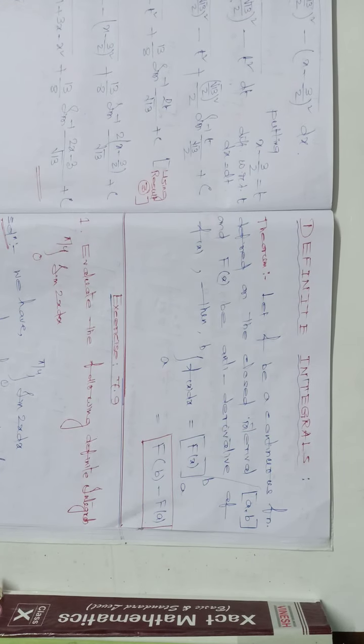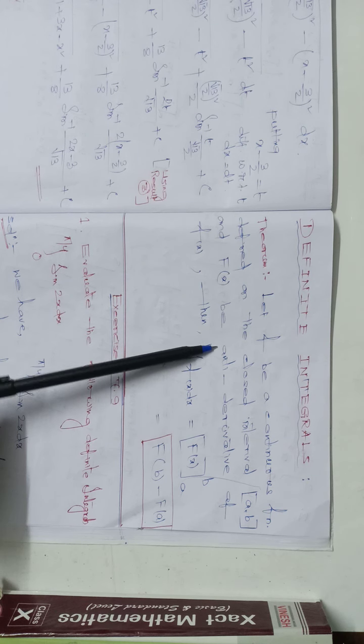So students, next I will discuss about the definite integration. So what is definite integration? Definite integration means the integration where the limit is mentioned. Means we have to find the integration on a particular interval. So let f be a continuous function defined in a closed interval [a, b].